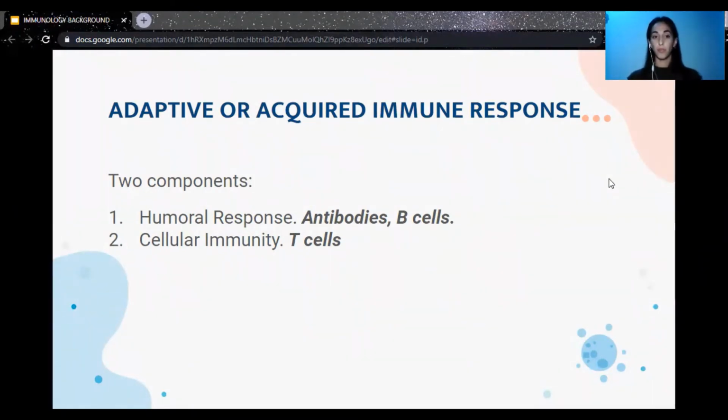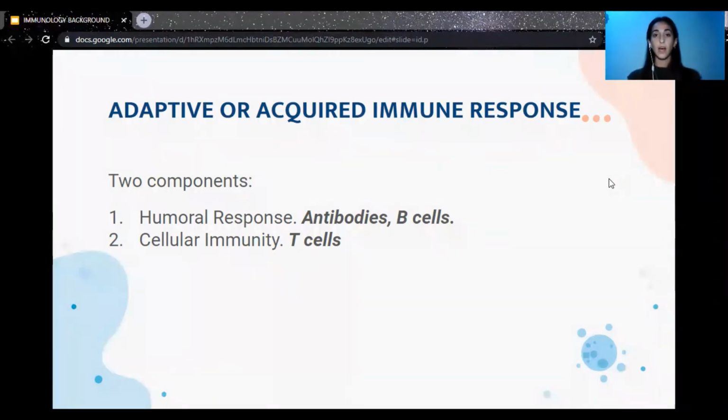The second type of response of the adaptive or acquired immune response is called cellular immunity. The second type is performed by T lymphocytes. T lymphocytes are in charge of controlling the infections or the pathogens that can live within the cells.